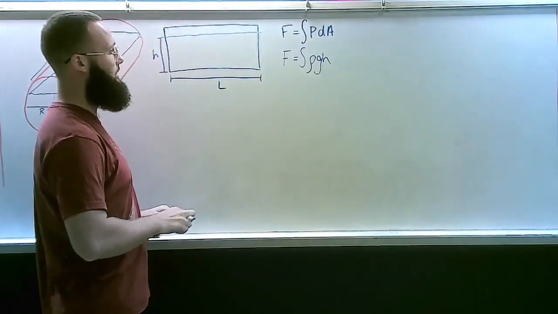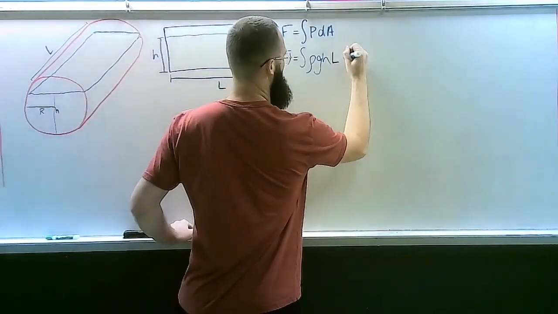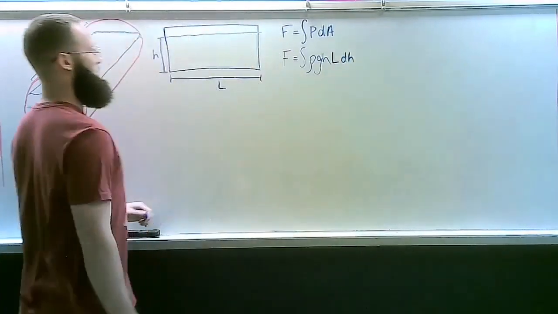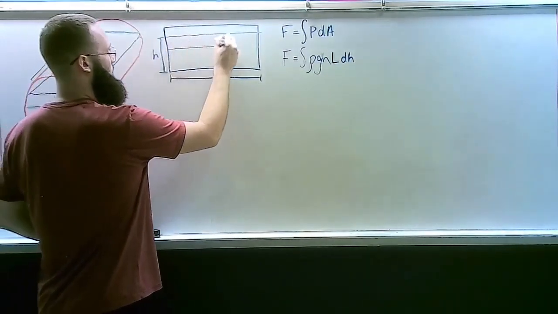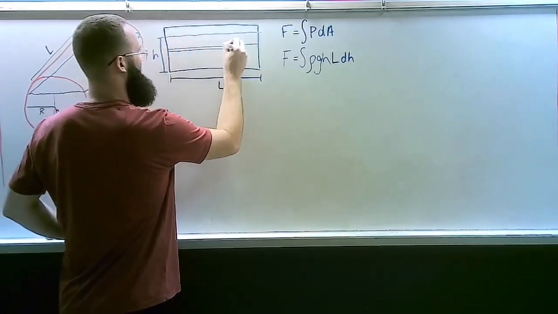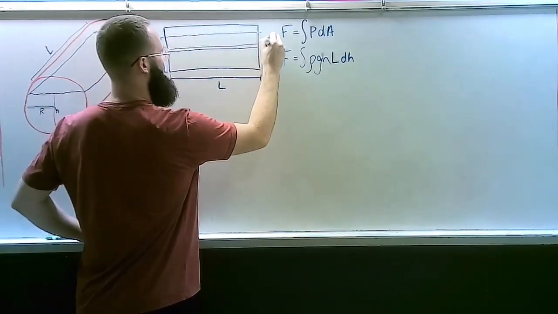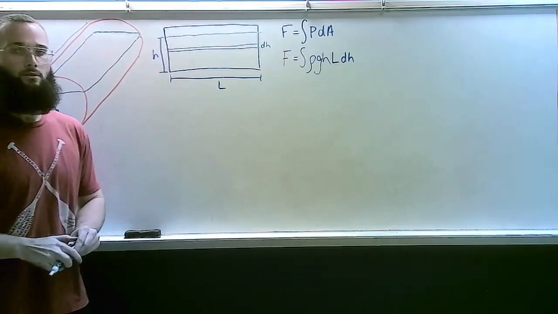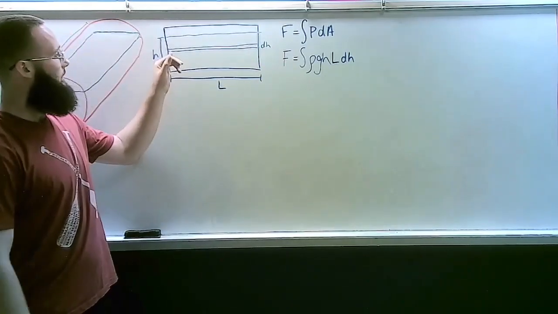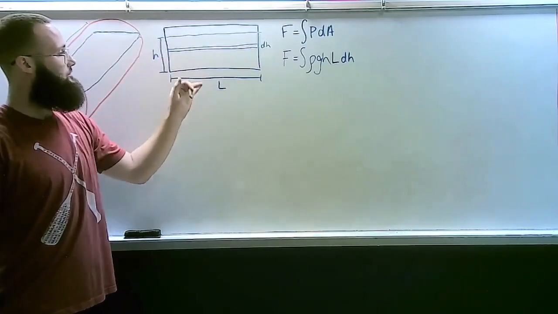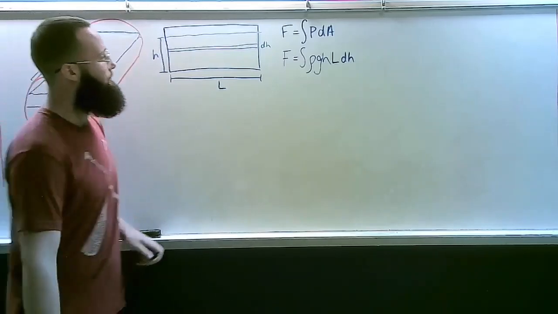And for the differential area, I'm going to make that L dh, where that dh is some differential height there. And so as you can see, the differential area will be all these strips of dh multiplied by the length.